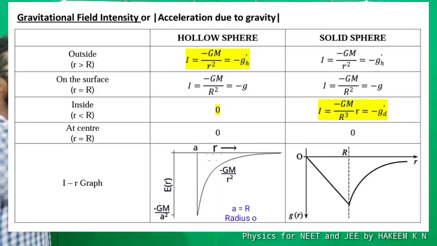In the graph, instead of A you just take r, the radius of Earth. At the surface it is minus GM by r square, and as distance increases from the surface it decreases, minus GM by small r square. And you can see the case of the solid sphere also.